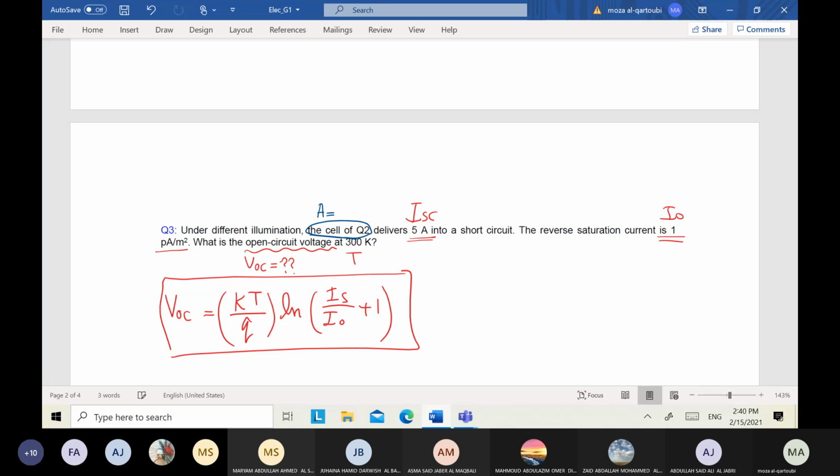Times 10 power? 10 power minus 4, because it is squared. Change from centimeter, minus 6... minus 4.